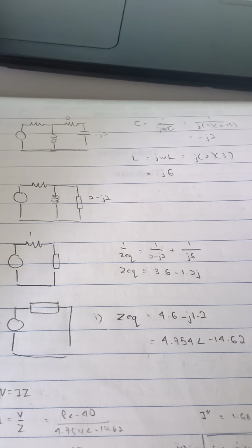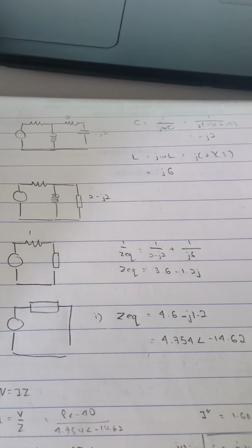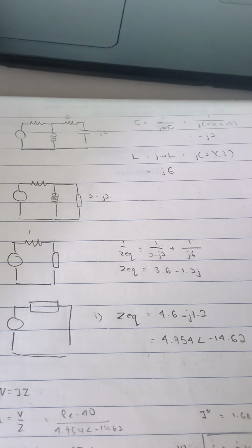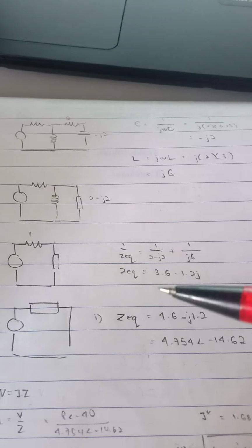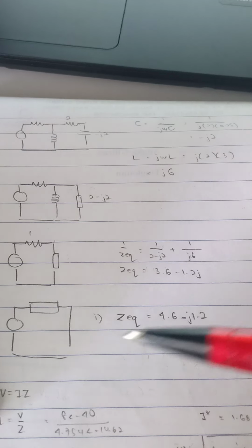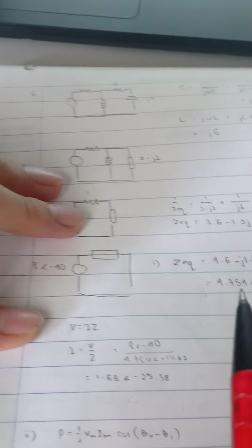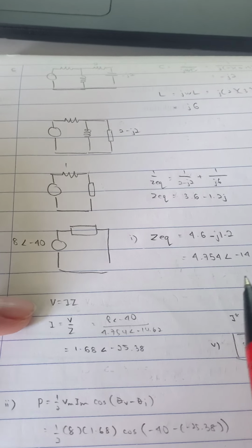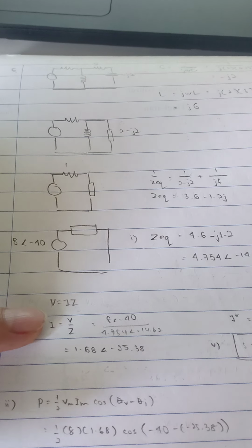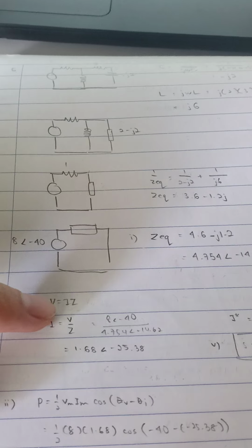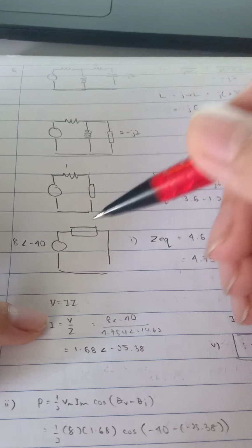So to find the power, we need to find current, because power is equal to VI, voltage times current. So to find current, we use Ohm's law, where V is equal to IZ. To find current, we rearrange the equation.